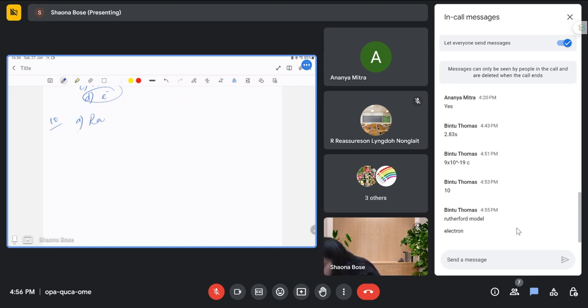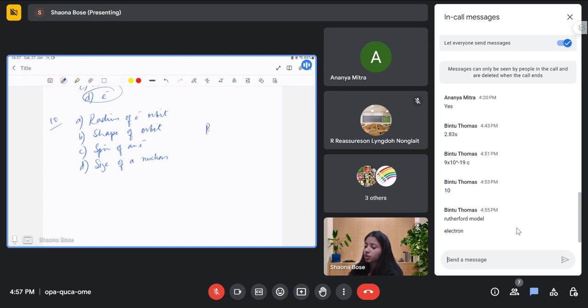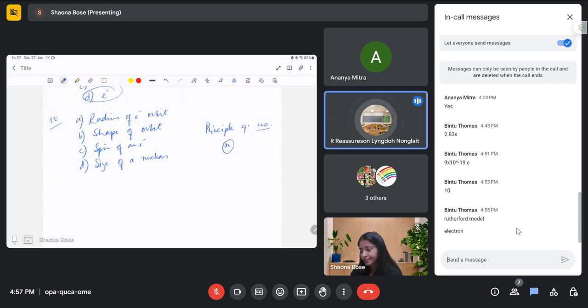Okay, out of the radius of electron orbit, shape of orbit, spin of an electron, and the size of a nucleus, the principal quantum number n describes which of these?